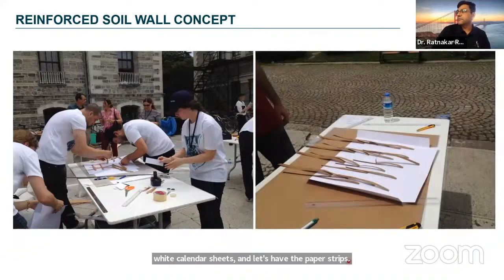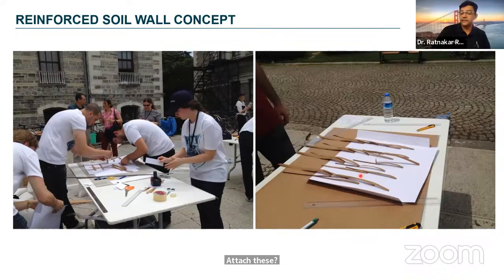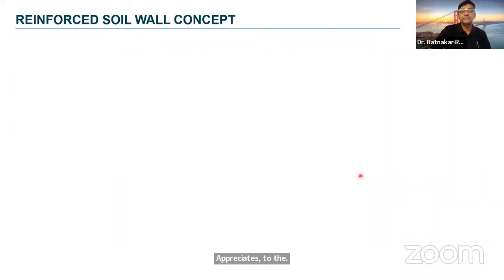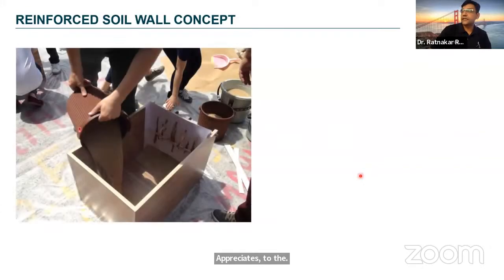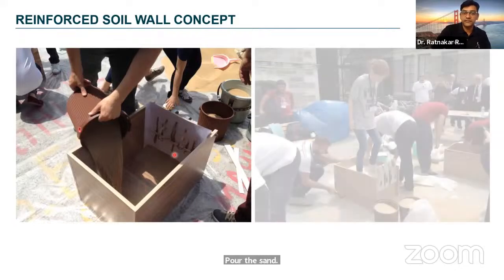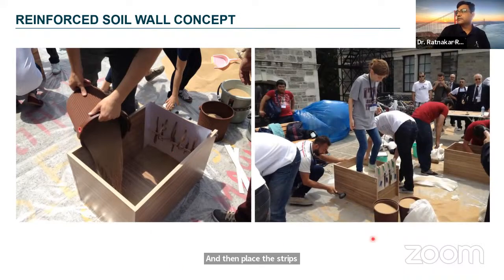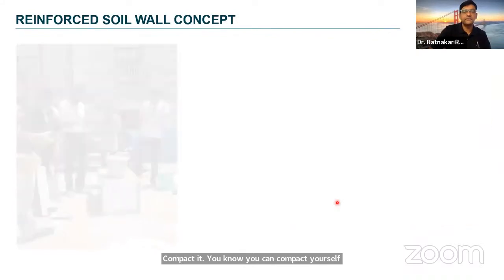Attach these paper strips to the drawing sheet, and put the drawing sheet in the box on the removable front panel. Pour the sand and then place the strips, pour the sand, place the strips, and compact it. You can compact by walking over it, or use a mallet, or a small compactor.